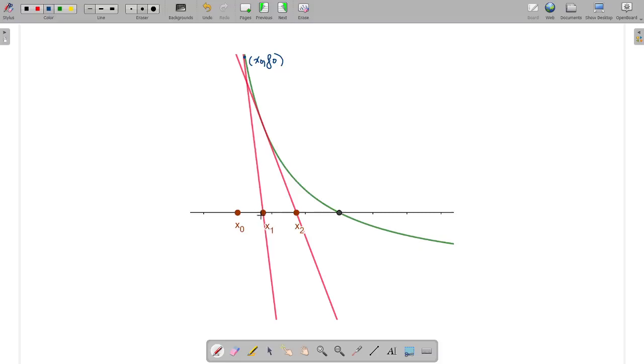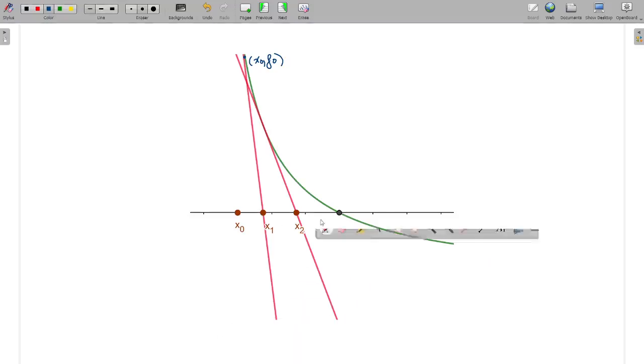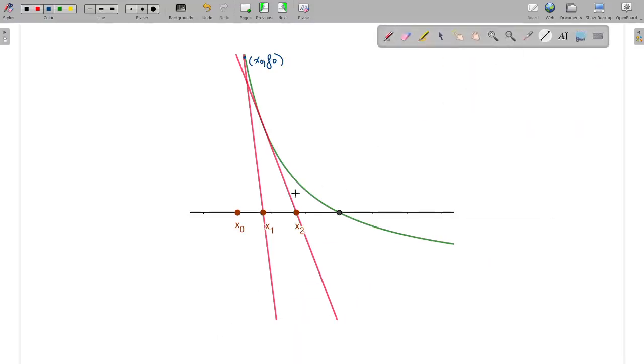Now we go to x1 and look for the point on the graph, x1 comma f of x1.